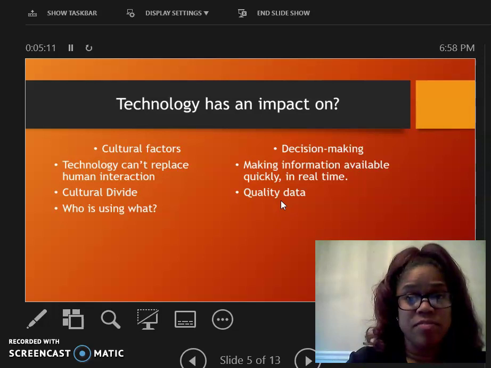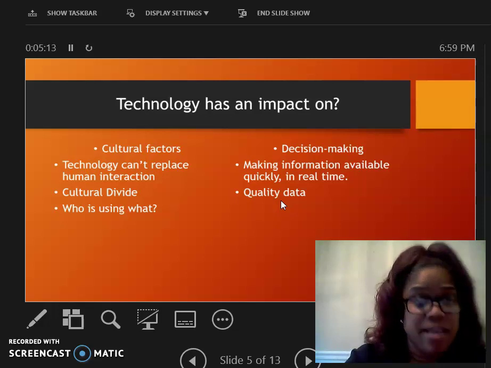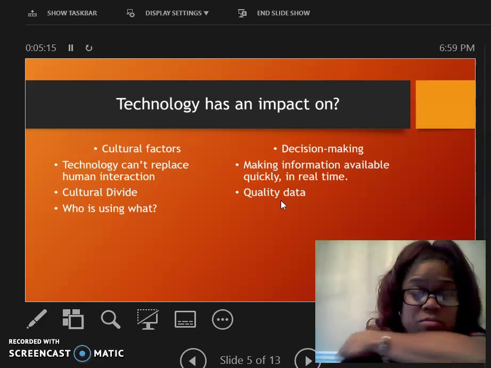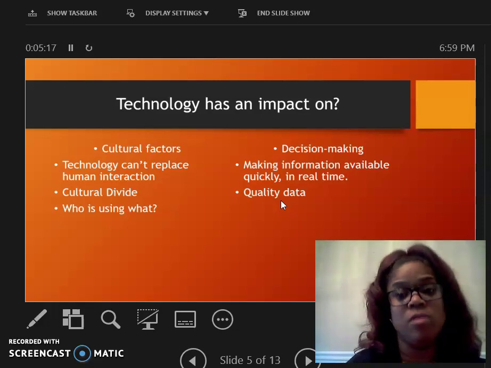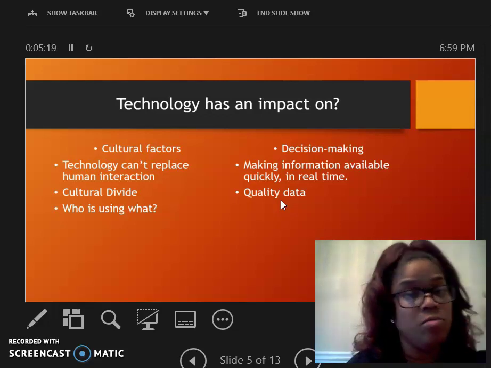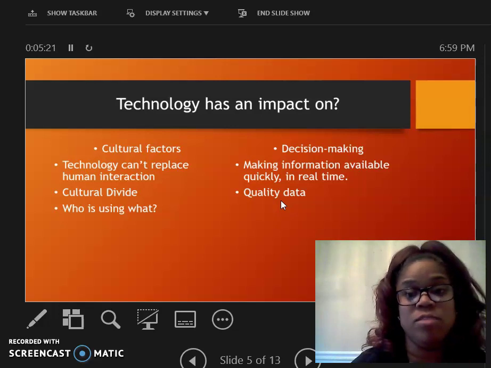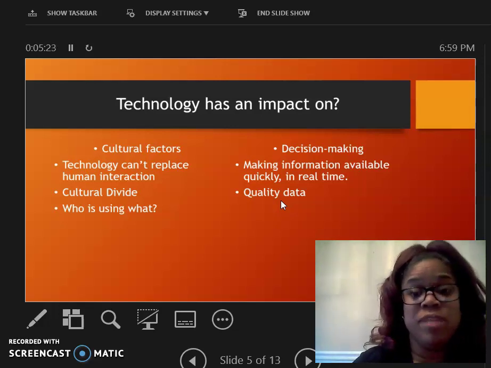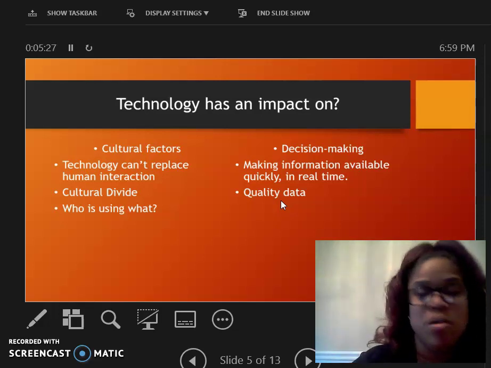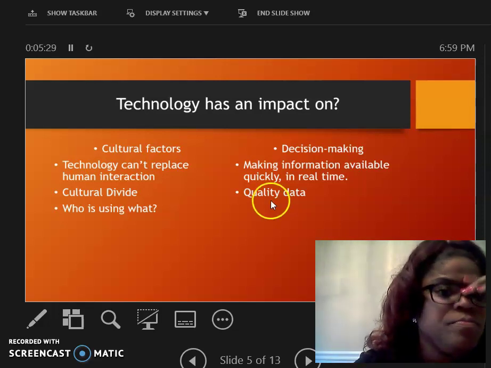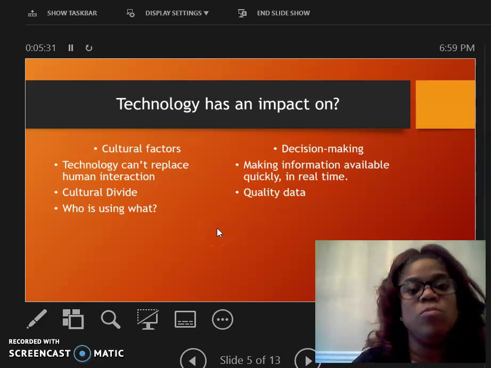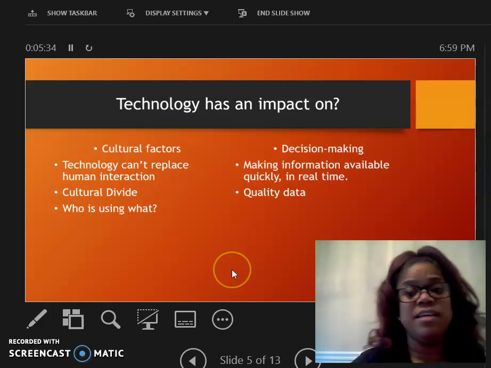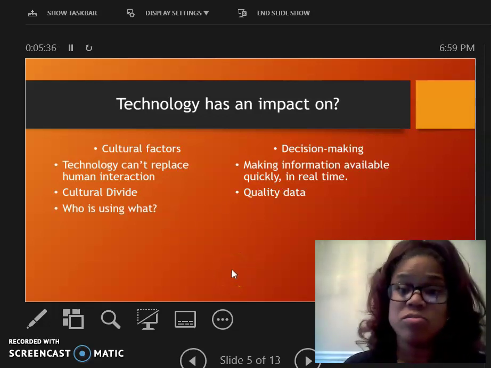And studies have shown that body language is definitely a great indicator or a helpful hint when trying to figure out what's going on with somebody and their health issues. If they're coming in with symptoms, sometimes it's best to just see them in person, because you can note a lot more things by that. And also, who is doing what. Just because technology moves doesn't mean everybody moves.